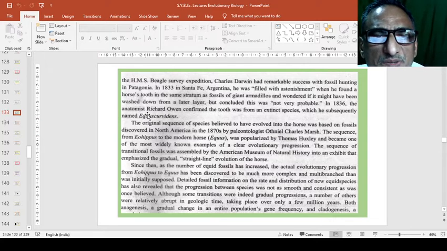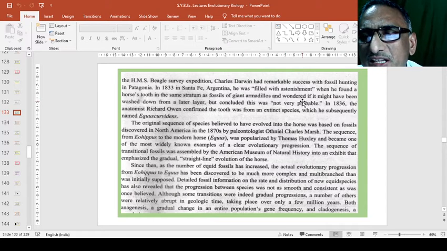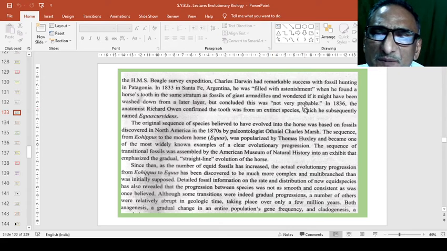During the HMS Beagle survey expedition, Charles Darwin had remarkable success with fossil hunting in Patagonia. In 1833 in Santa Fe, Argentina, he was filled with astonishment when he found a horse tooth in the same stratum as fossils of giant armadillos, which are mammals. He wondered if it might have been washed down from a later layer, but concluded this was not very probable.